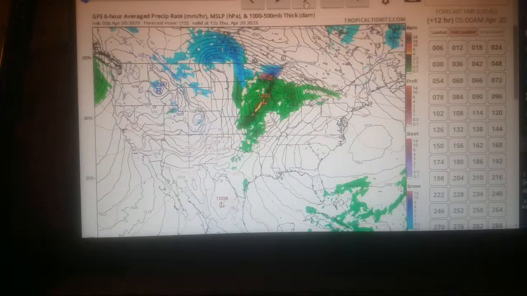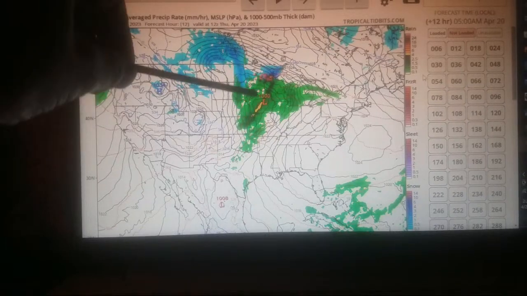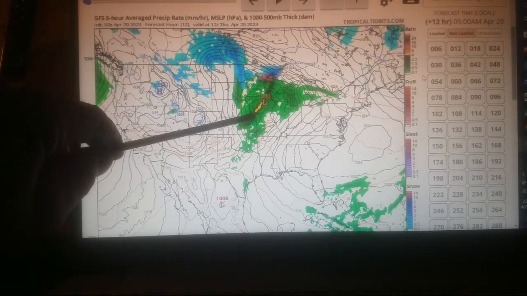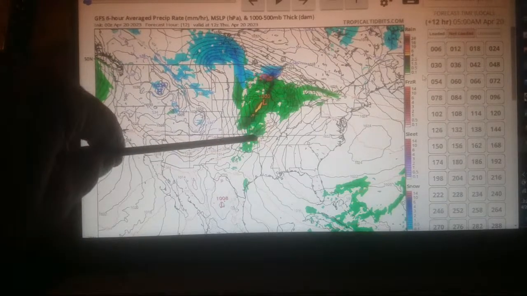Okay, we're going forward. This is 7 a.m. April 20th, okay? 4:20, they're waking up to thunderstorms and this huge low pressure system making ice up in here. We got our thunderstorms here in Iowa, northwestern Missouri.